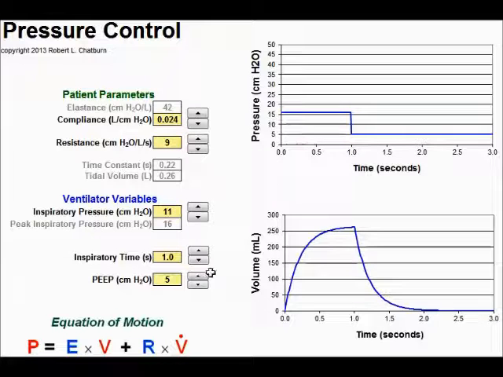We haven't changed my ventilator variables at all. Let's look at my measured values. First, look at my pressure: it stays constant. And on my volume side, as you notice, when I change my compliance, my volume decreases dramatically. So this can lead to hypoventilation and respiratory distress.